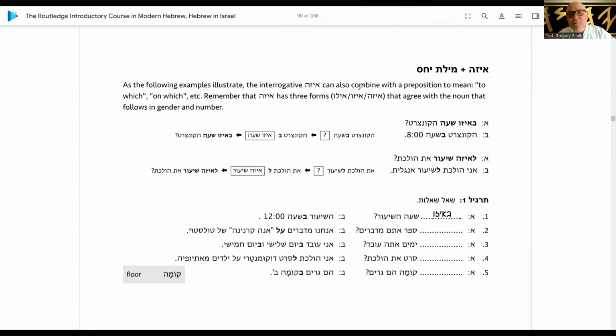So you would normally think that Azo, because it has what looks like a him suffix, it looks like that, but it's not. It's a form of zot, and zot is the feminine form of this.